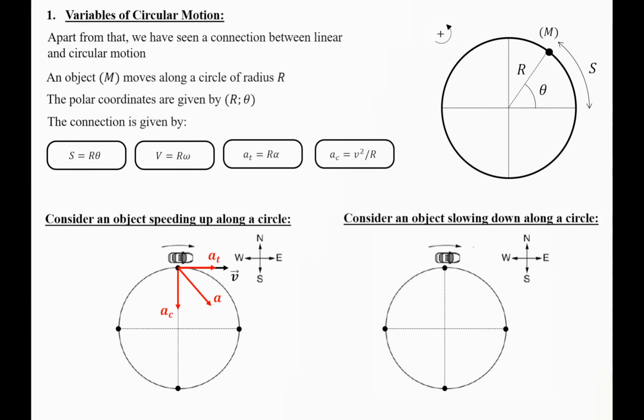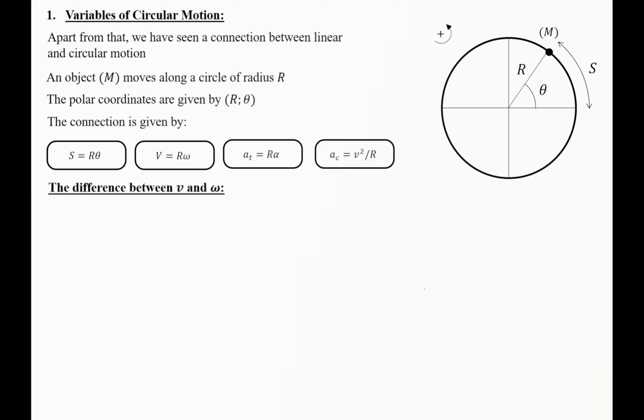Now, if the object is slowing down, the velocity, independent of whether we're slowing down, speeding up or at constant speed, is in the direction of motion. The centripetal acceleration would be toward the center, the tangential would be opposite to v, and the total acceleration would be pointing like that.